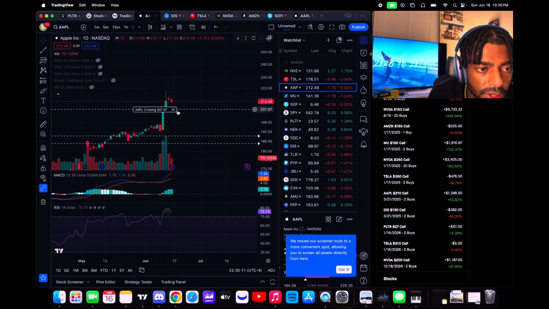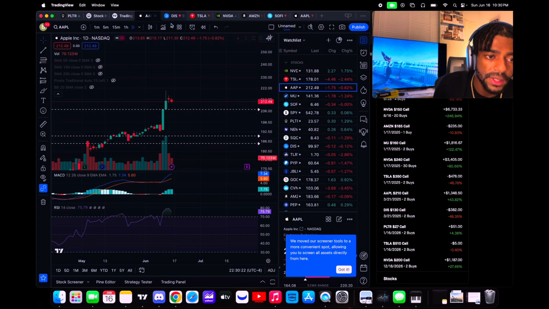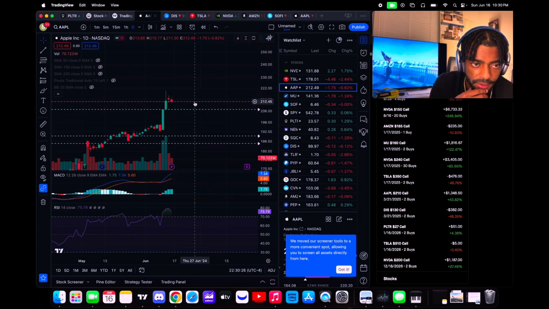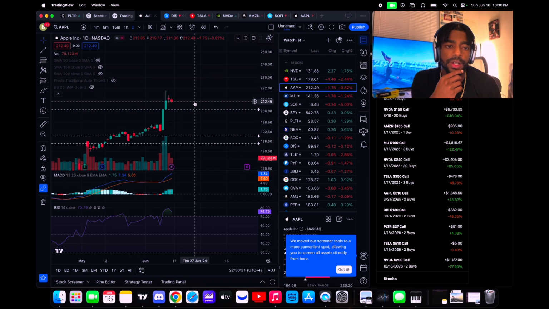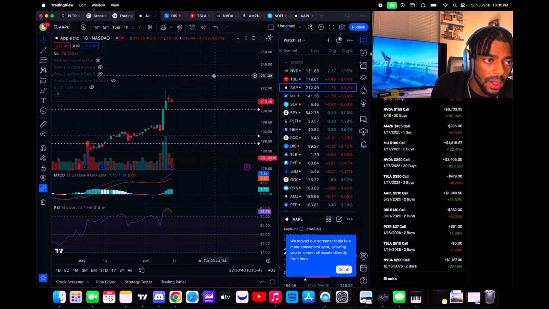Because if they pull back to right here and they establish that this is going to be the new support, because right now there isn't really an established support because it's just been running up. Maybe on Monday we'll get a little bit more of a direction, and that's what I'm looking for before I actually enter the trade. A good direction on how it's moving and where it's actually going, not just guessing. But I really got good hopes for Apple.